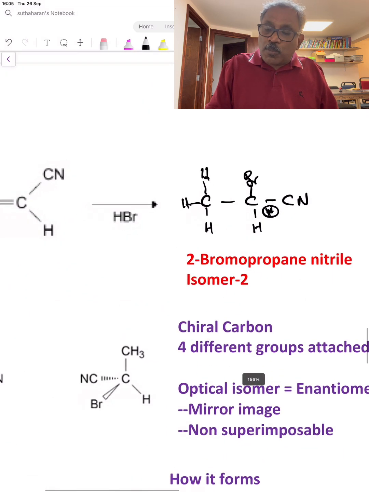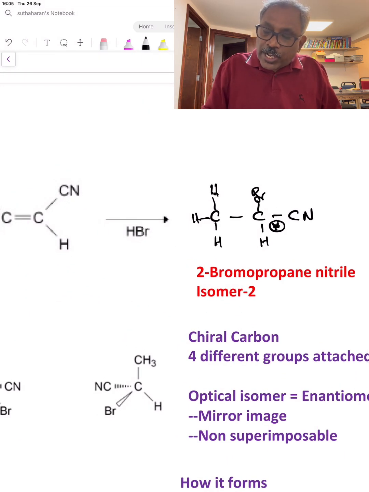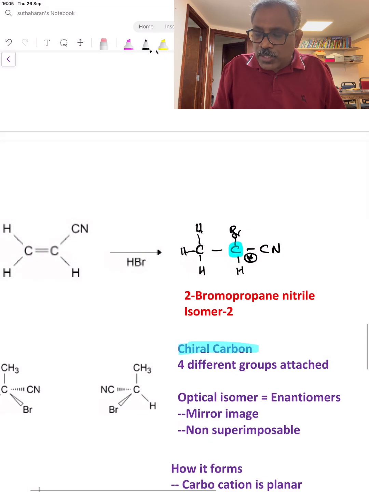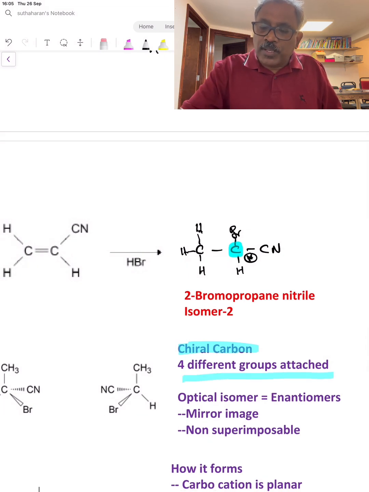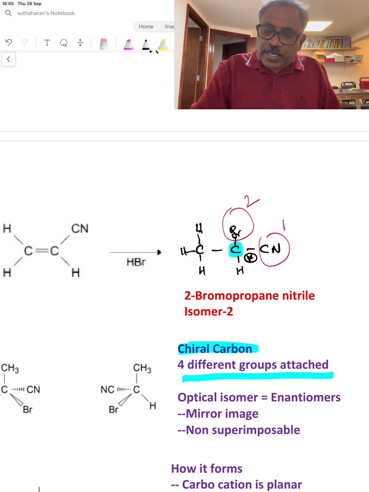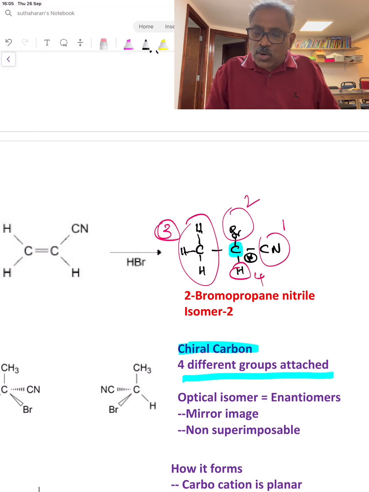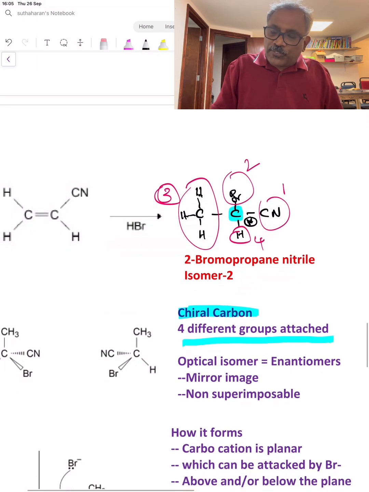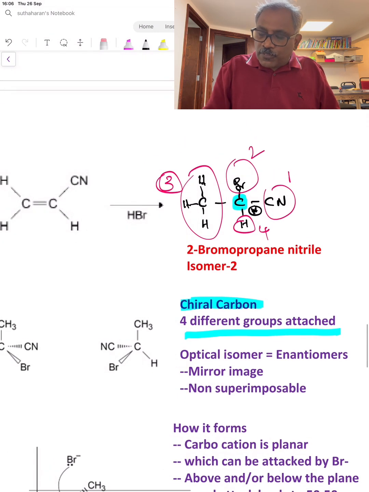Now, the 2-bromopropanenitrile contains a chiral carbon. A chiral carbon is a carbon attached to 4 different groups. The 4 different groups are, number 1 your nitrile, number 2 your bromine, number 3 your methyl, and number 4 your hydrogen. So when a carbon is attached to 4 different groups, it gives you an optical isomer.